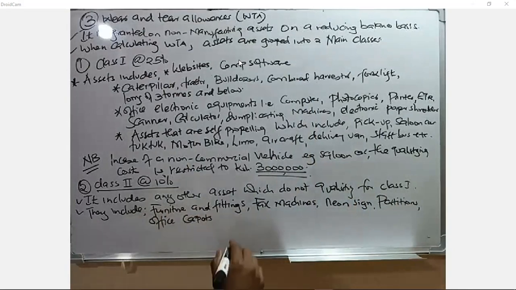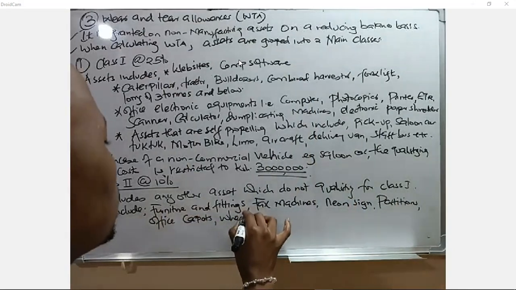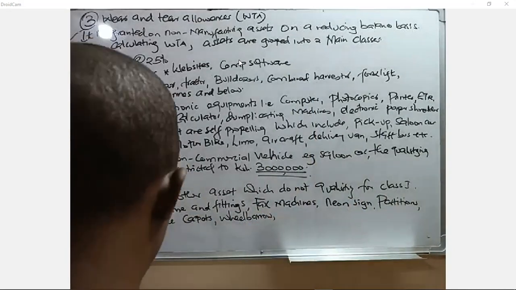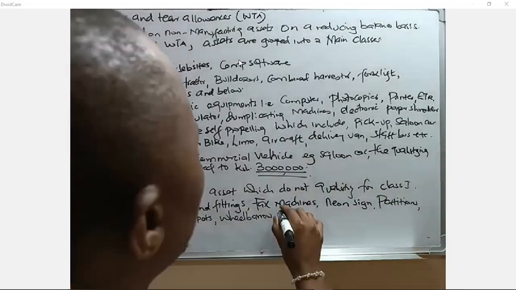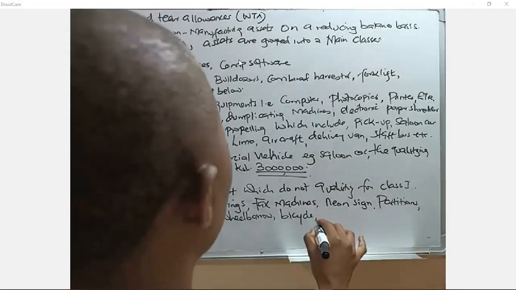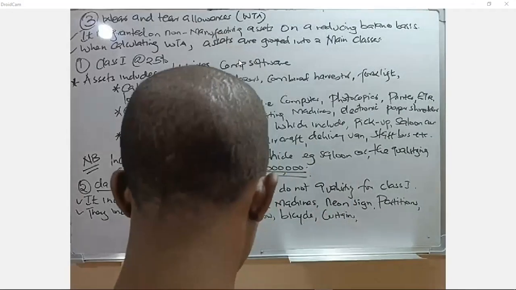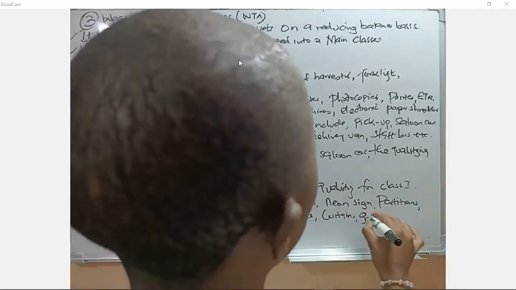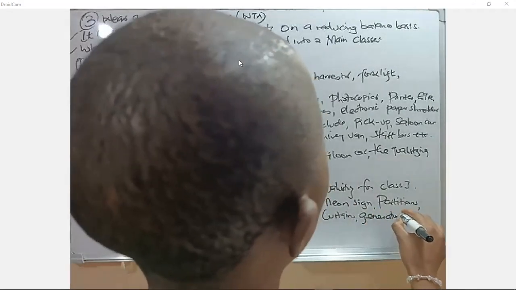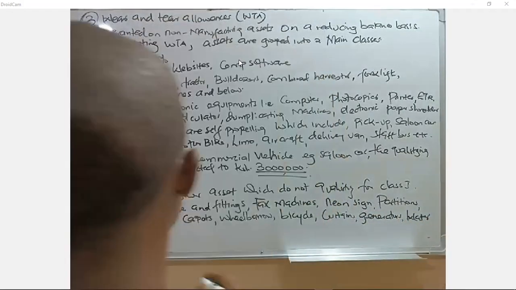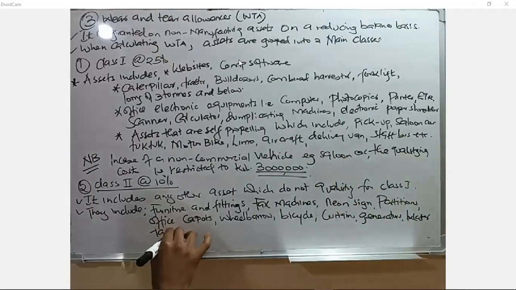We normally have wheelbarrows. We have bicycles. We have curtains. We have generators. Generators qualify here. We have water tanks. Water tanks qualify here again, etc.